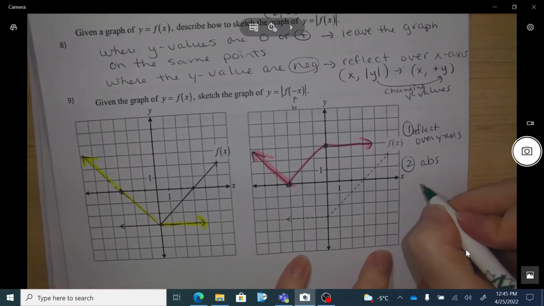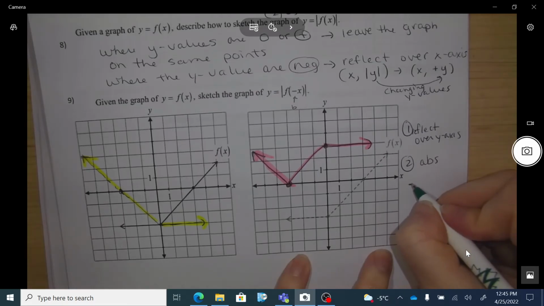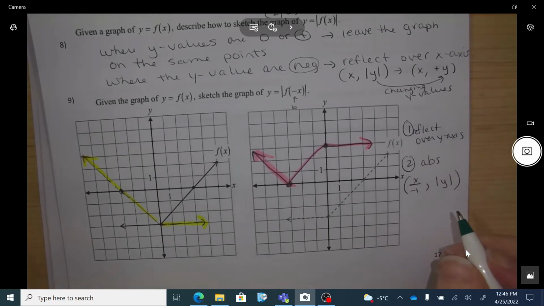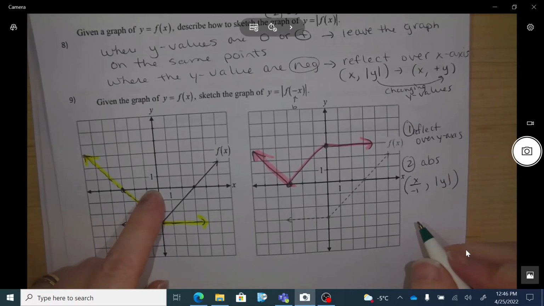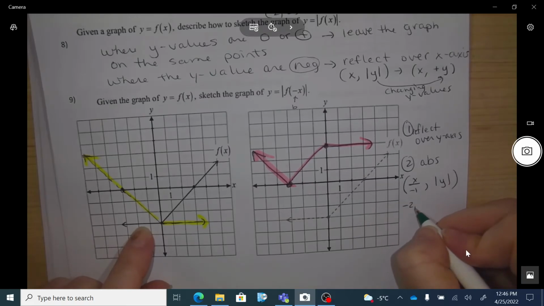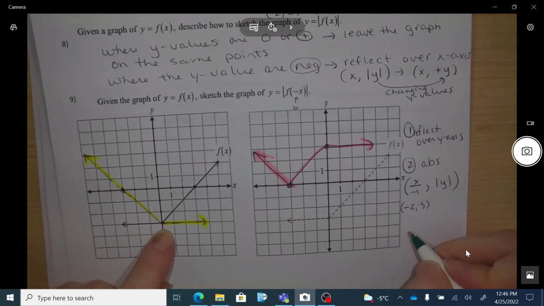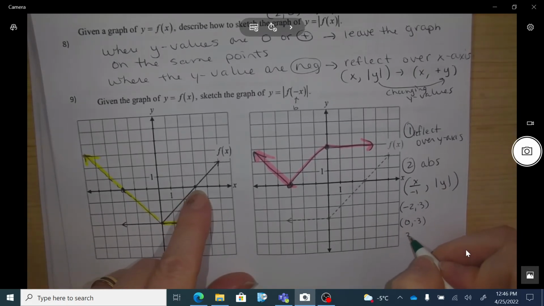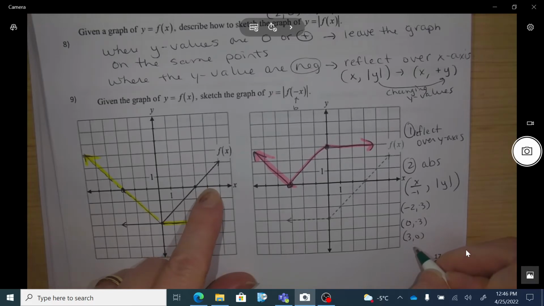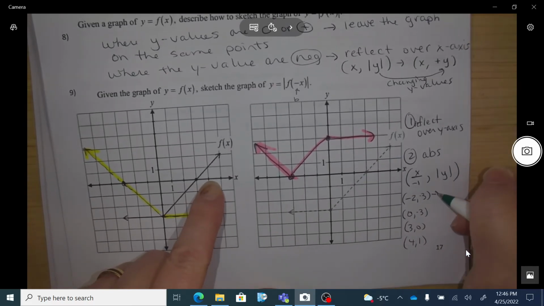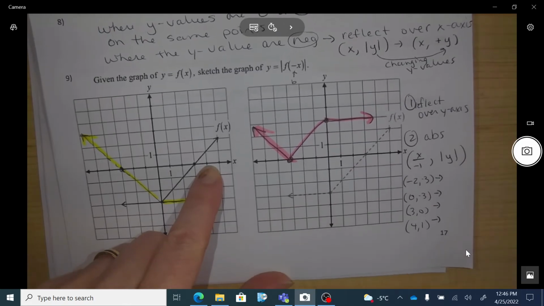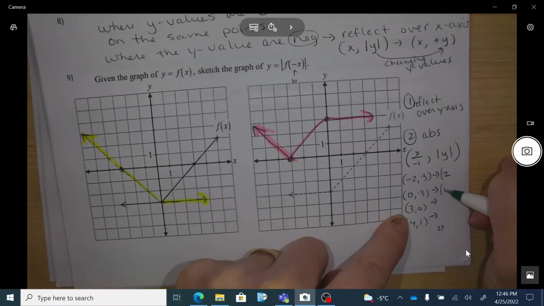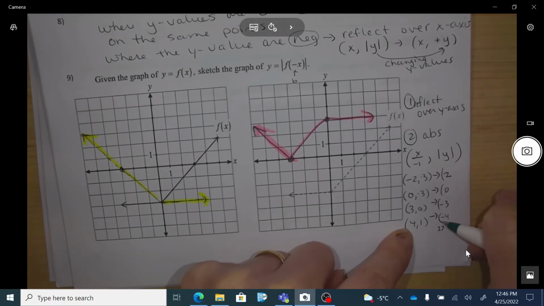If you wanted to do math, then you would go x divided by -1, absolute of y. So your originals, let's go with a -2, comma, -3, 0, -3, 3, comma, 0, and I'm going to pick a 4, comma, 1. So I'm just going to go through all the x's here: +2, 0, -3, -4.